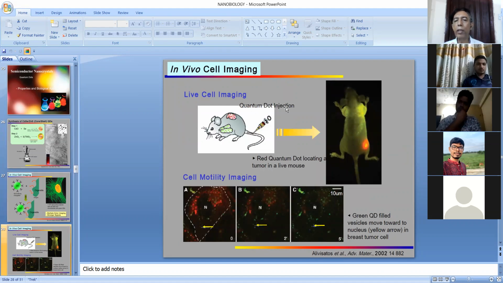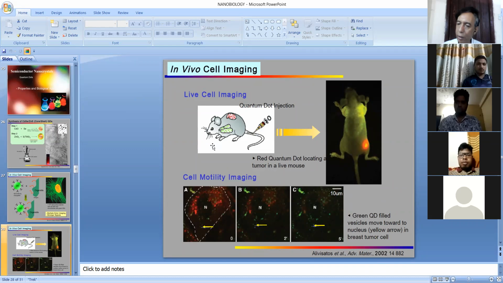You have injected quantum dots into this rat, and the quantum dots will go and be accumulated on that tumor only, and nowhere else in the body of the rat.